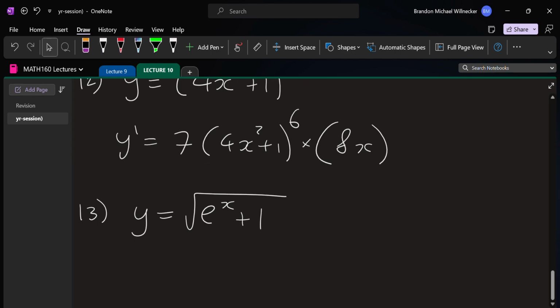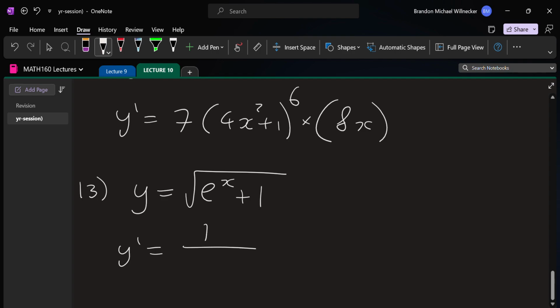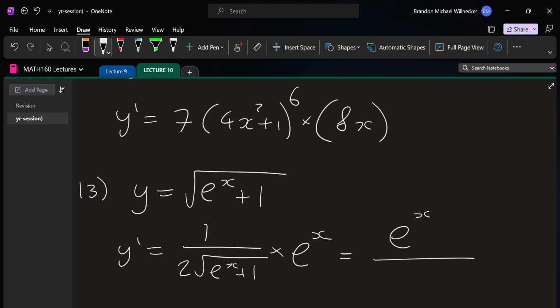So here we have y is equal to the root of e to the x plus 1. Okay, so again, composition, outside function is the root of something, the inside function, that's e to the x plus 1. So we need to differentiate the outside function first. So that's going to be 1 over 2 roots e to the x plus 1 times the derivative of the inside function, that's going to be e to the x plus 0.